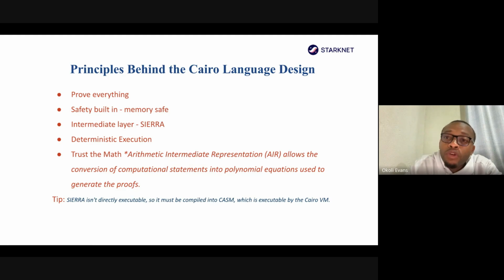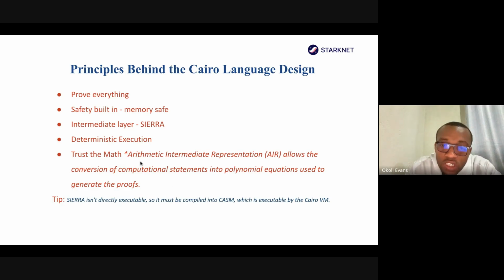Let's say 99% of the work it does is proving, is solving mathematics. So it's math intensive. It works with polynomials and all this. I don't want to go into deep mathematical stuff. So working with polynomials is a lot of mathematics.